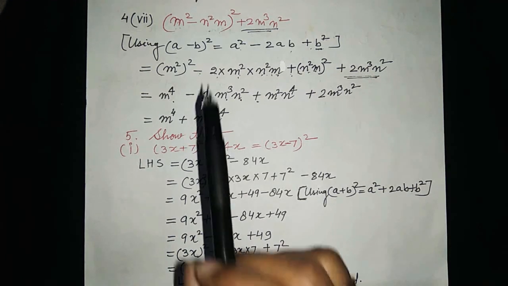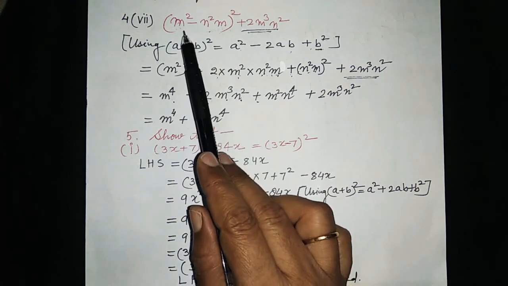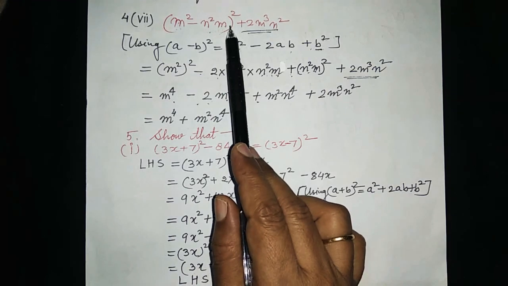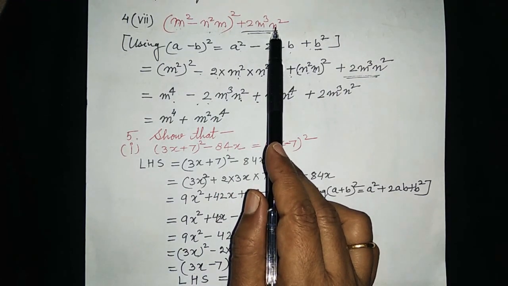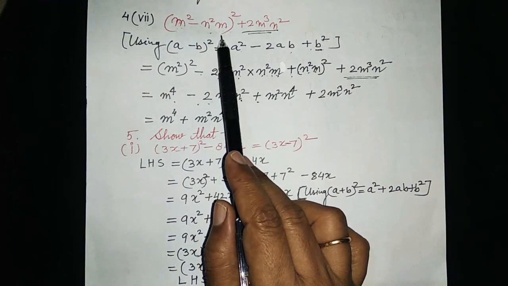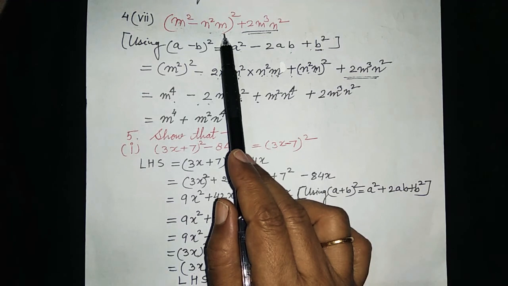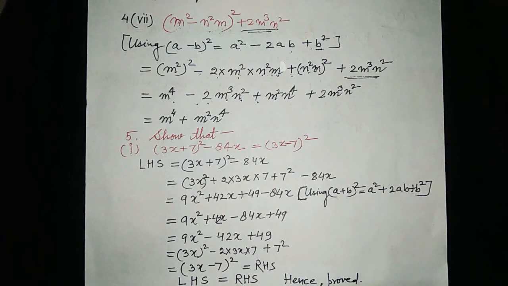Now see the seventh part of question number 4. Here the question is m square minus (m square n) whole square plus 2m cube n square. Here also we have to think about which identity we can use to solve this question.